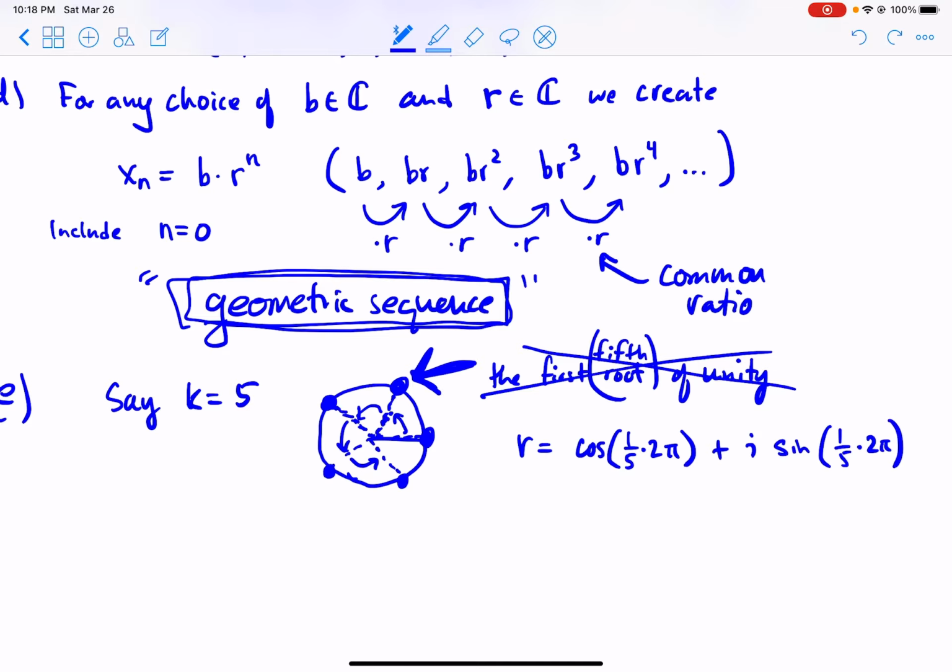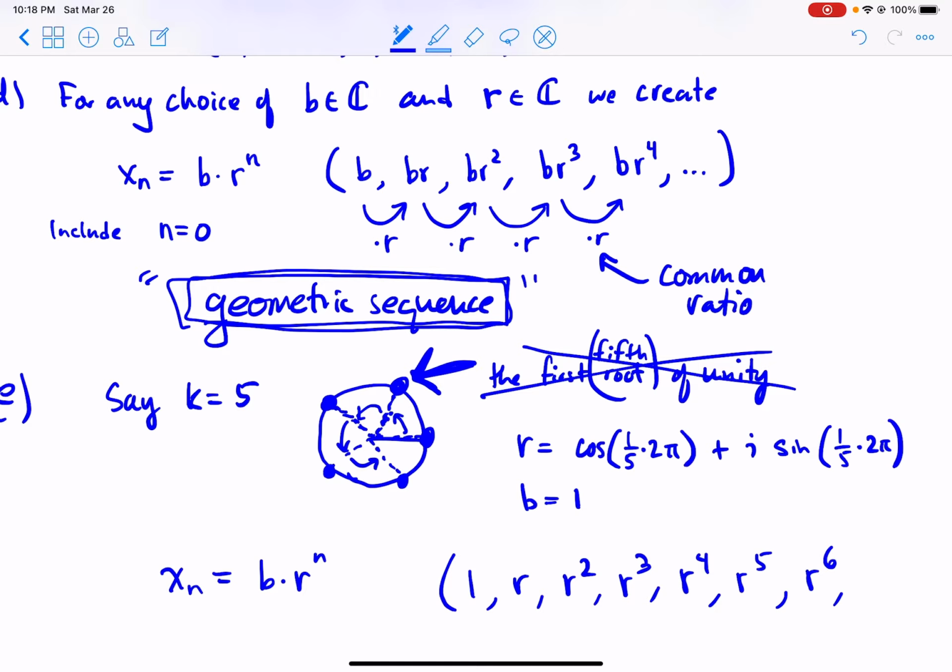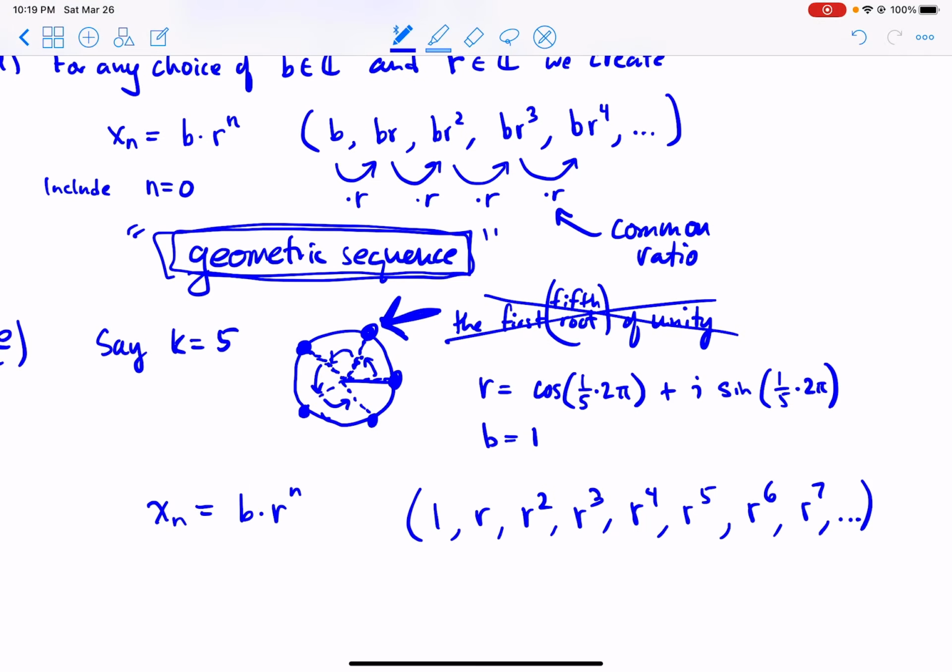And this time we'll start with b equals 1. So what's the sequence we get? Well, first of all, a formula: x to the n is b times r to the n. And this would look like 1, r, r squared, r to the third, r to the fourth, r to the fifth, r to the sixth, r to the seventh, etc. forever and ever. And in fact, notice that r to the fifth is 1.